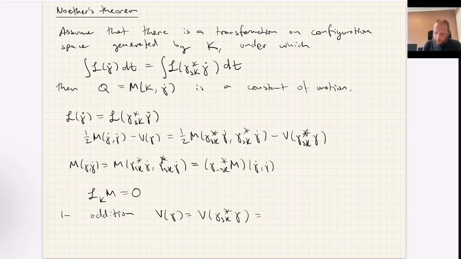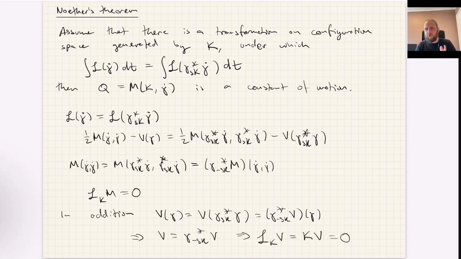This is just the pullback of the function V, and this means that V is equal to the pullback of V, or the Lie derivative of V, which is just K acting on V, must be equal to 0.